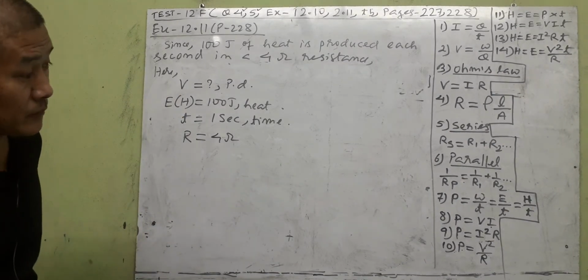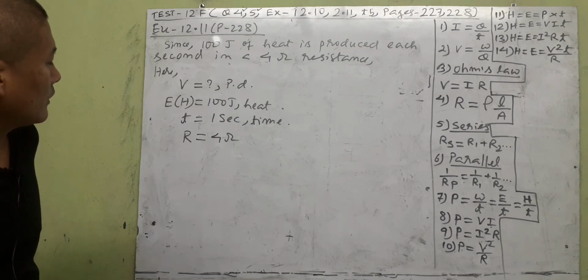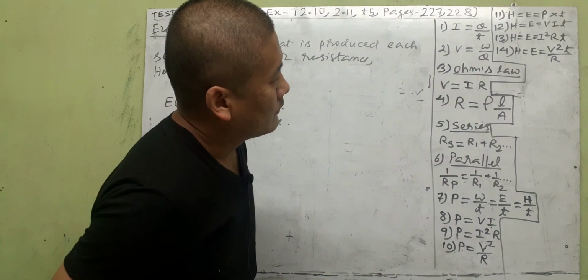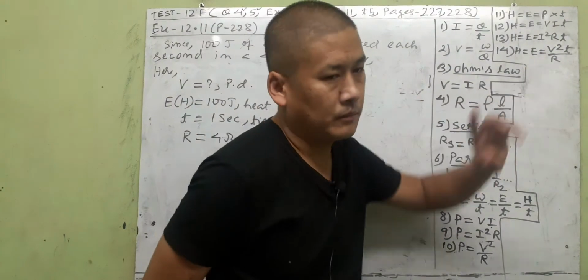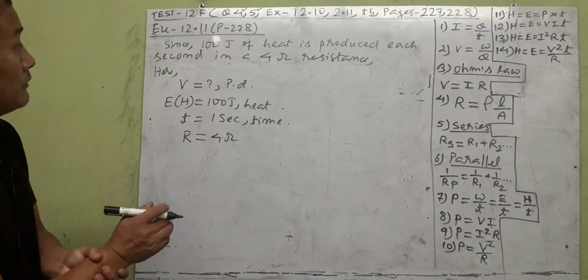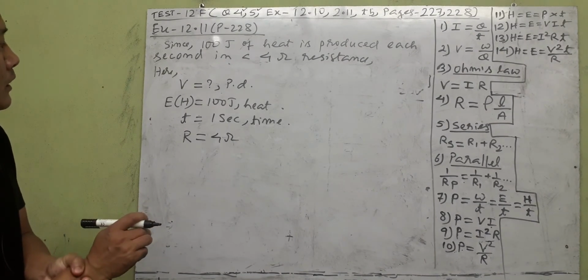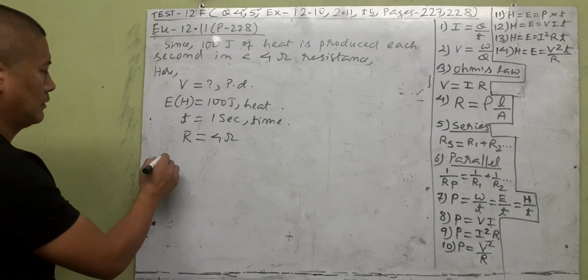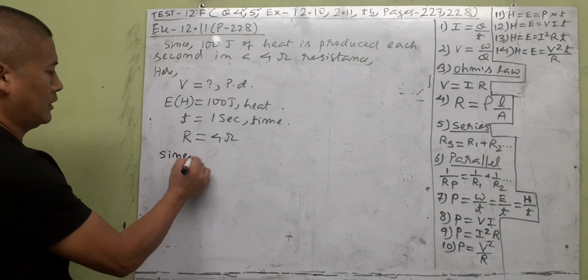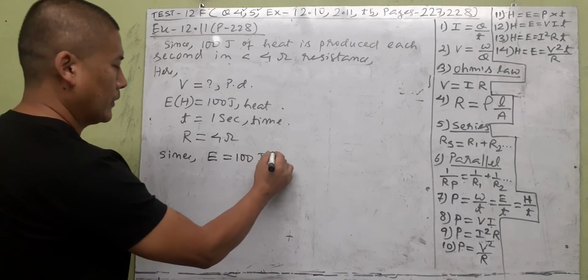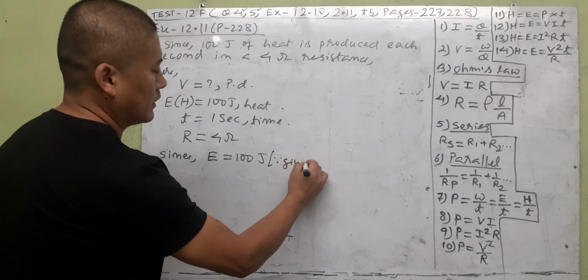So let us see a formula which can connect R, T, V. But before that, we can just do like this. Since here E is equal to 100 joules, given to us, like this also we can do.